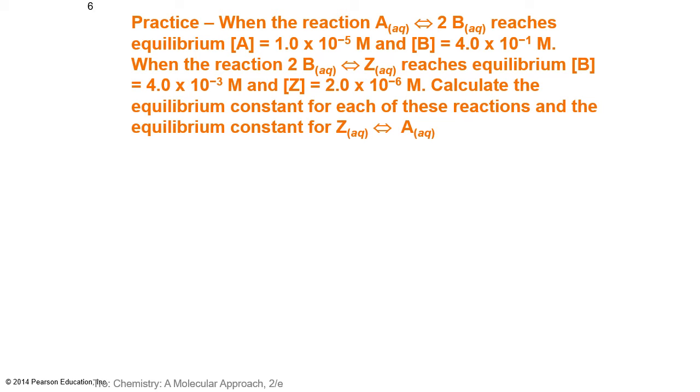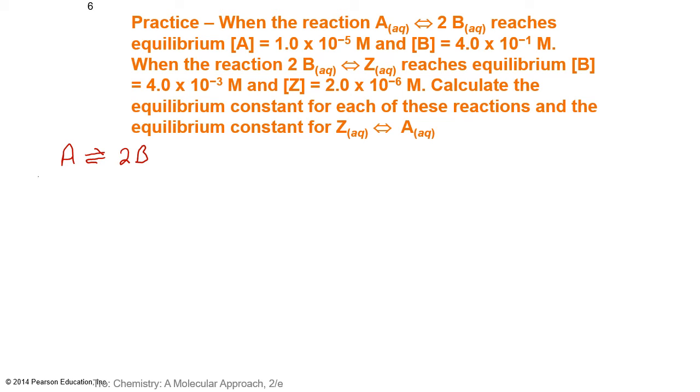Here's a practice for you to try. Pause the video to see if you can calculate the equilibrium constant for this problem. We first need to start by finding the equilibrium constant for the reaction of A to 2B.